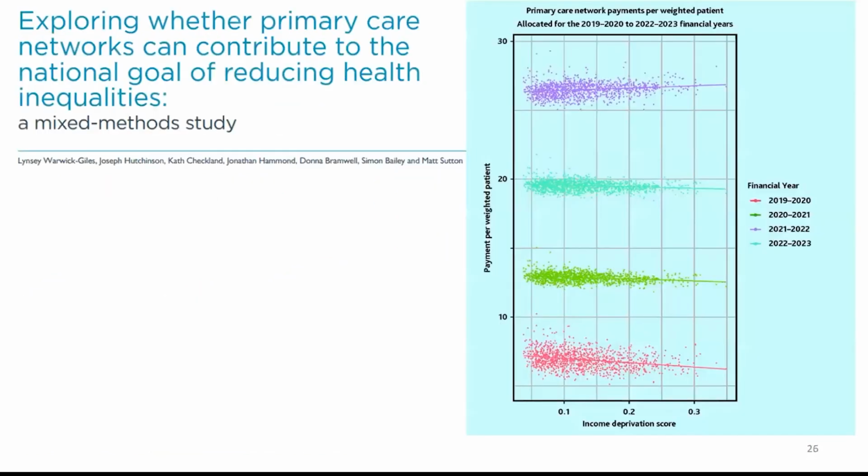So this is work out of Manchester, exploring whether primary care networks could contribute to the national goal of reducing health inequalities. And what they found is that over the 4-year period, a 10% increase in deprivation was associated with 31 cents less funding per weighted patient.